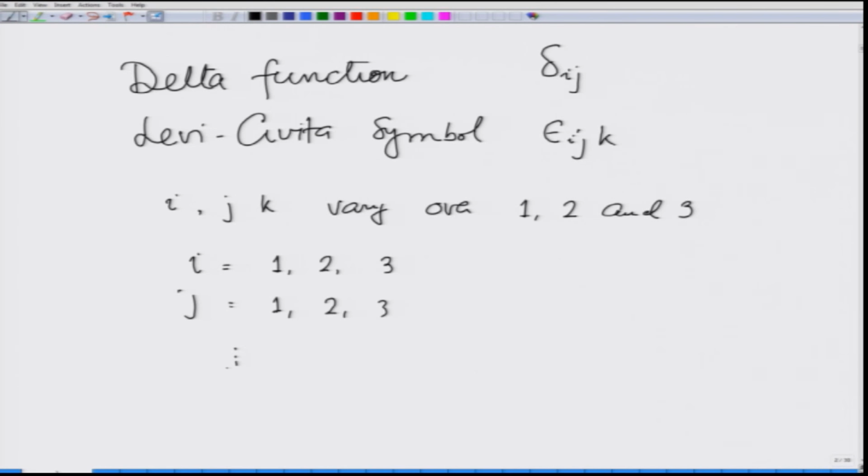So, any subscript that I use here can take values 1, 2 and 3, and we are going to use 1 for x coordinate, 2 for y coordinate and 3 for z coordinate.